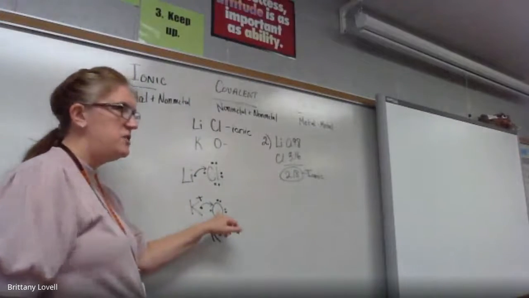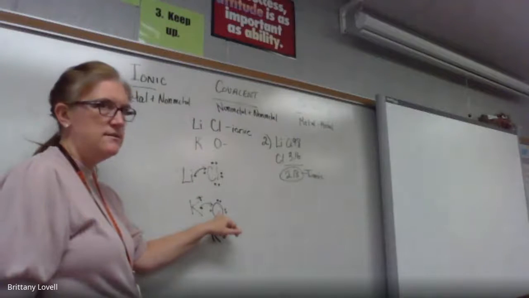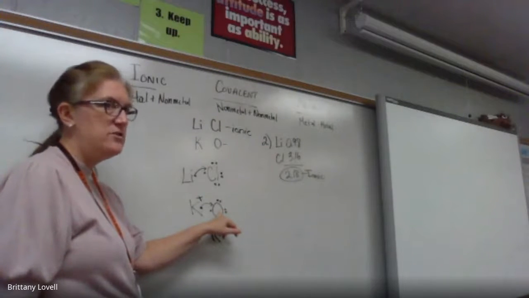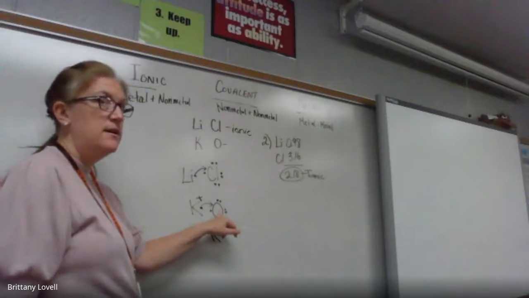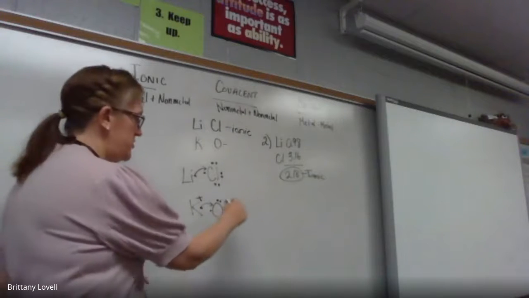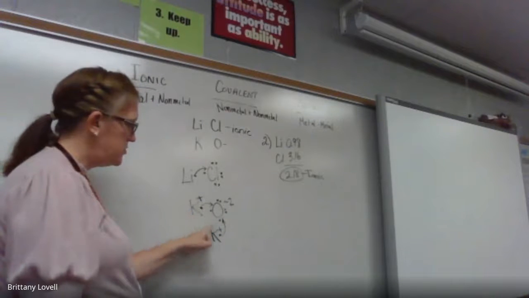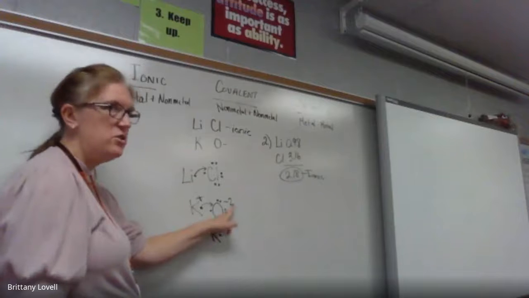And if oxygen picked up 2 electrons, what happened to it then? If it gained 2 extra negative charges? It has a -2 charge. All right? So there's your +2, there's your -2.